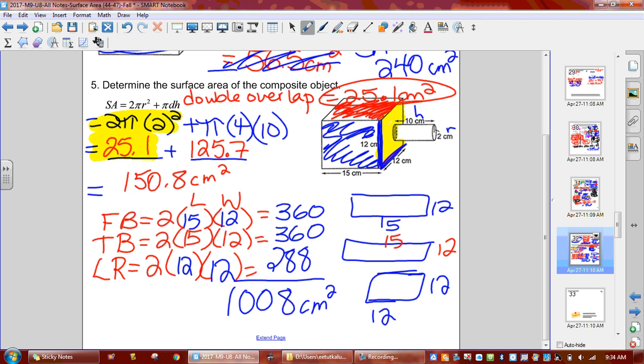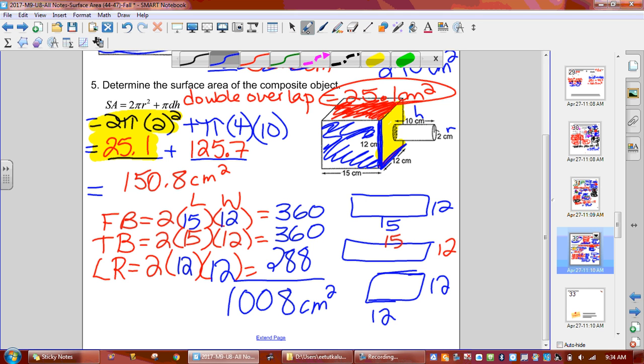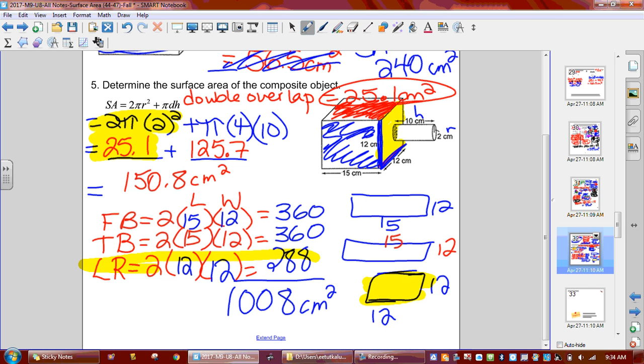So the yellow object is right there. The green object I'll do on top here. That's this one. And then the blue one is the front.